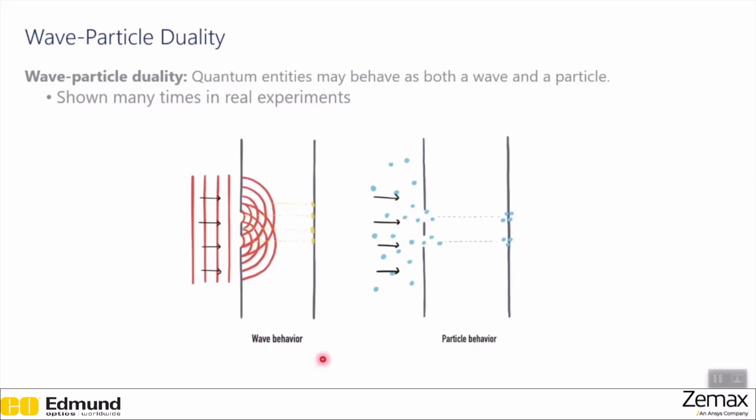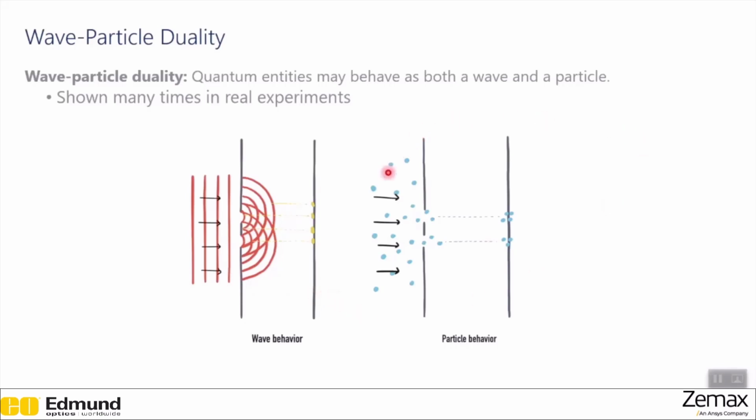Simply put, we have these red waves passing through two slits at a boundary, and as they pass through, these waves bend into an arc, forming multiple bright spots on the back plane. This is a little bit different from what we would expect since there are only two slits. However, these multiple bright spots can be justified by constructive interference and the bending of these waves, which we will discuss in more detail later on in this video.